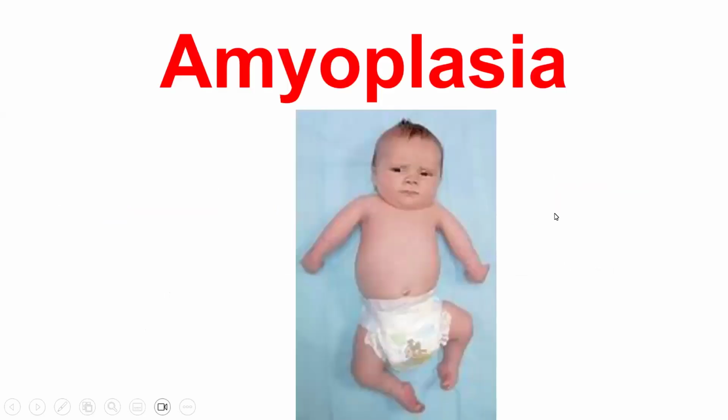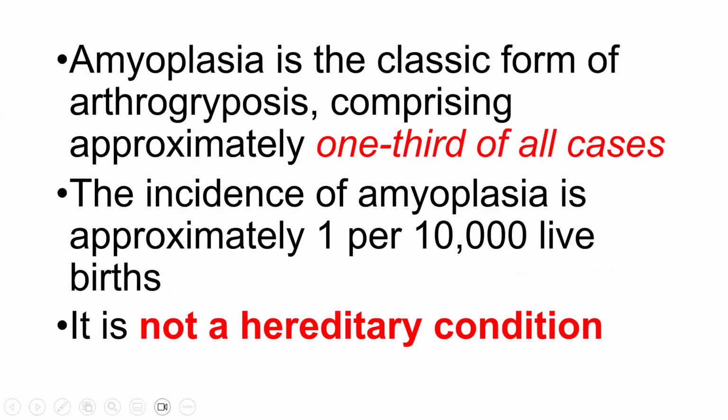What are the types of arthrogryposis? Amyoplasia. Amyoplasia is the classic form of arthrogryposis, comprising approximately 1/3 of all cases. The incidence of amyoplasia is approximately 1 per 10,000 live births.